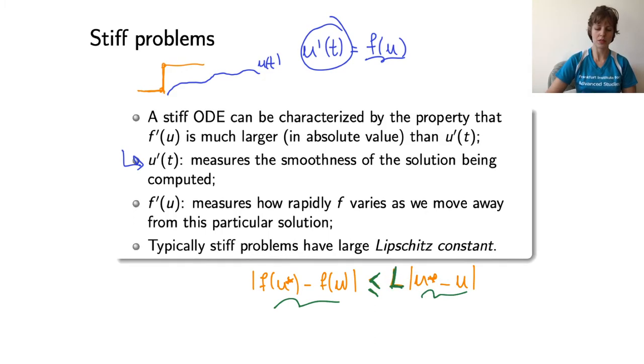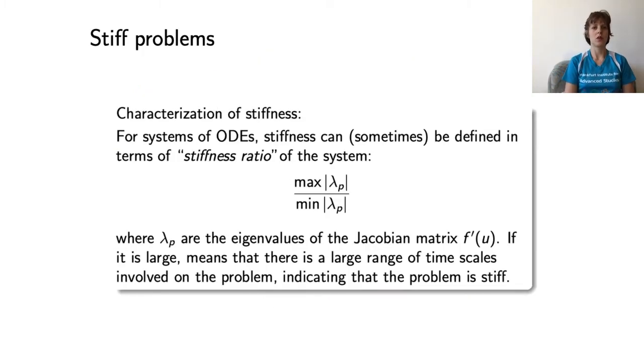So it means that F varies faster than U, and then for this inequality to hold, we would have to have some large Lipschitz constant.